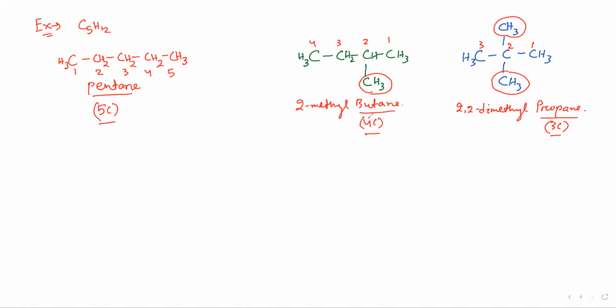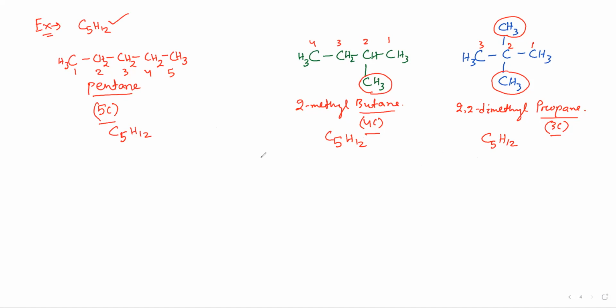Varying. So these three are having molecular formula C5H12. You can count here the molecular formula C5H12. Here 5 carbon, 12 hydrogen. So here is also C5H12. Here is also C5H12. So in all these you have the same molecular formula, but carbon chain lengths are different.